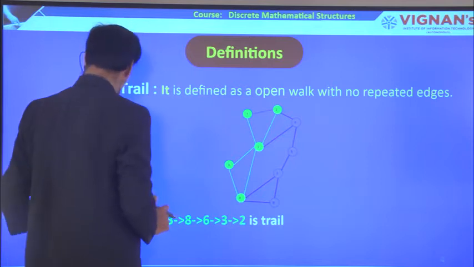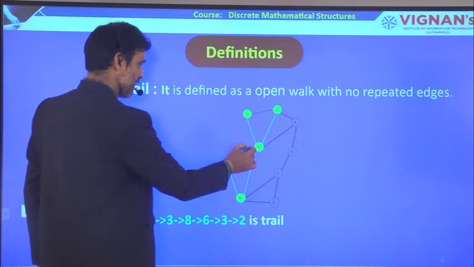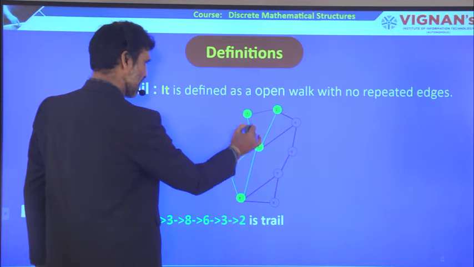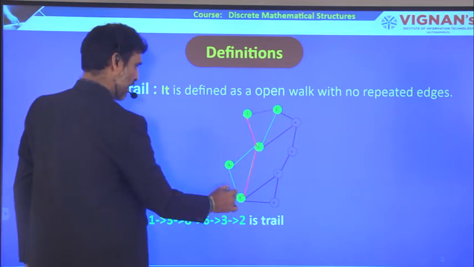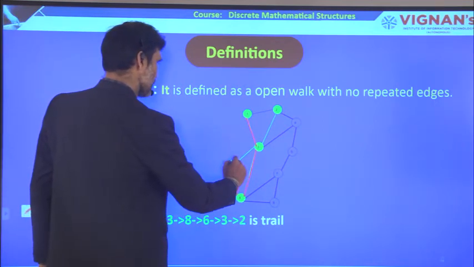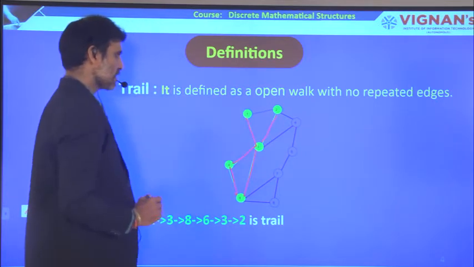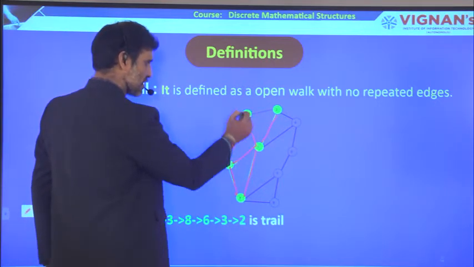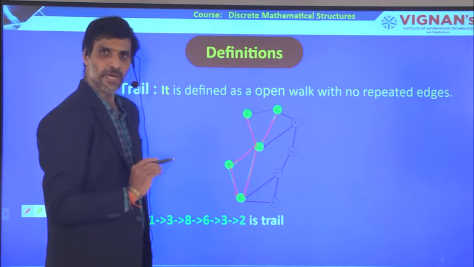Here is one traversal of a graph: 1 to 3, 3 to 8, 8 to 6, 6 to 3, 3 to 2. If you observe, no edge is repeated in this walk, it is an open walk, and no edges are repeated. Therefore it is called a trial.